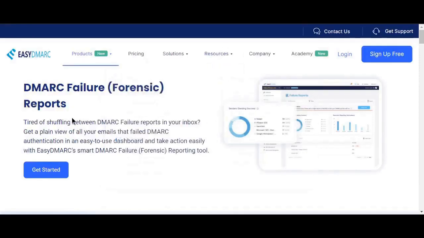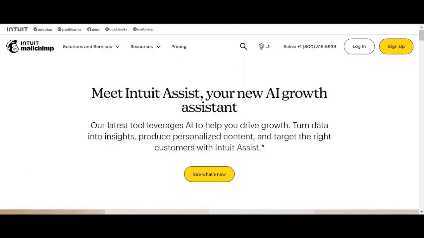It's good to have a relaxed policy until you know your own emails are good. But once you know your own emails are good, ideally the end goal of your DMARC policy should be to switch to a reject or a quarantine policy. The most ideal would be a reject policy that bounces emails that are not authenticated.